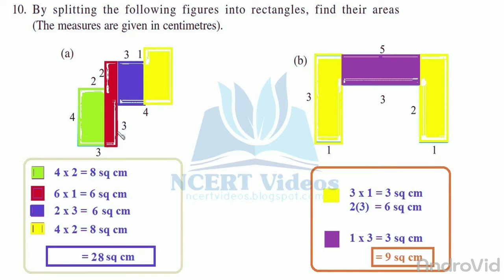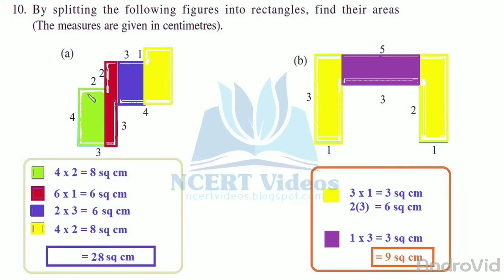Similarly, another figure, third figure, fourth figure. So we will calculate their individual areas and add them to get the total area. So this is your green portion, and this is your red, this is your blue, and this is yellow. Similarly, we have done in another picture.